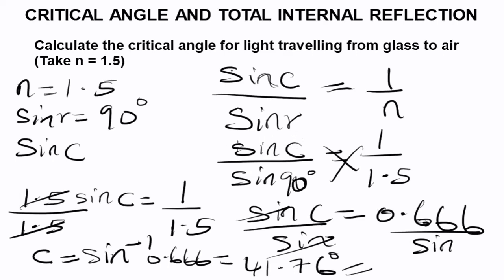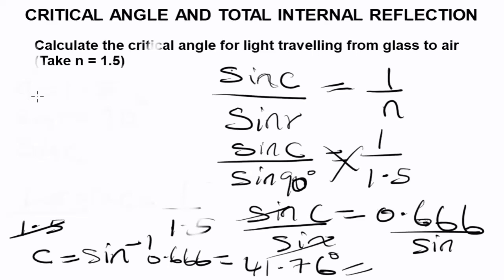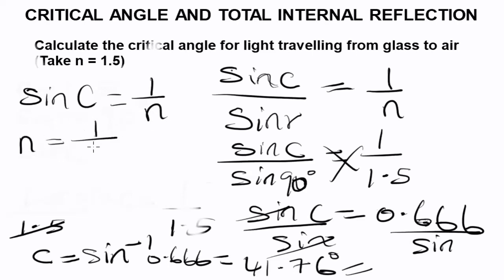Now the relationship between critical angle and refractive index is that sine c is the inverse of the refractive index, or the refractive index is the inverse of sine c.